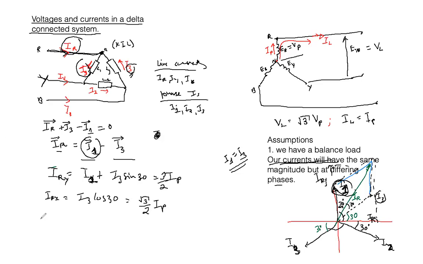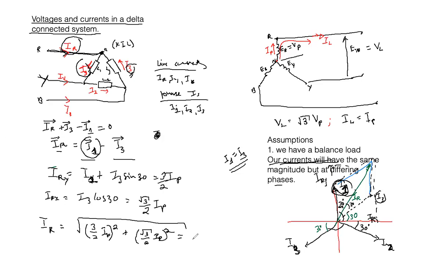To find IR, the line current, by Pythagoras' theorem, is the square root. We are going to do the same thing that we did last time, and then we will discover something interesting. It is the square root of (3 over 2 I phase) squared plus (root 3 over 2 I phase) squared.